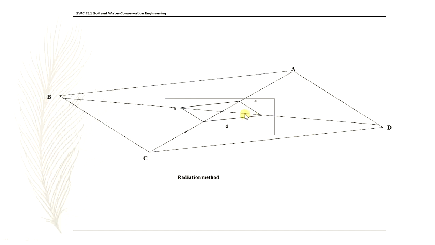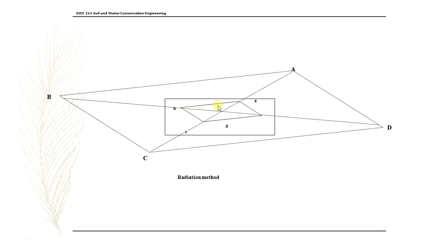Here we also see a P station or P point. First is sighting PA, that is small a, next PB, then small b, PC, small c, next PD, small d. So after the sighting, we have to draw the actual lines. We have to fix all the points or stations.